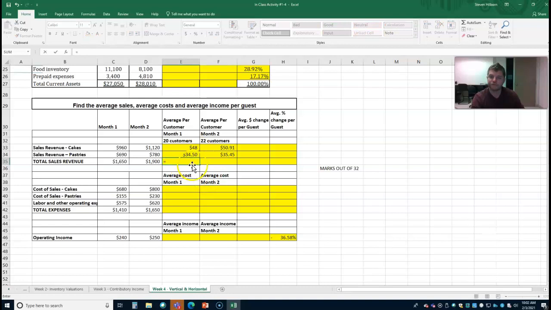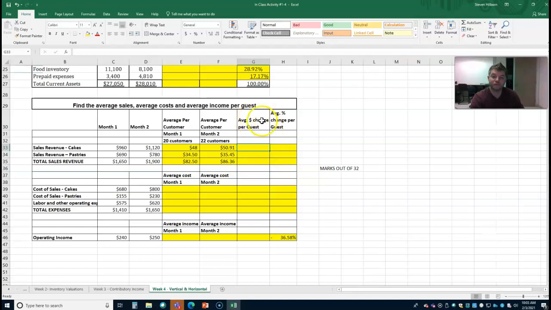And then we'll do our total sales revenue of 1650 divided by 20 and 1900 divided by 22. All right. So here you can see that on average, the customer spent close to $3 more on the cakes when they bought them, and they spent a little bit more on pastries. And on average, they spent almost $4 more every time they came in, which is fantastic.